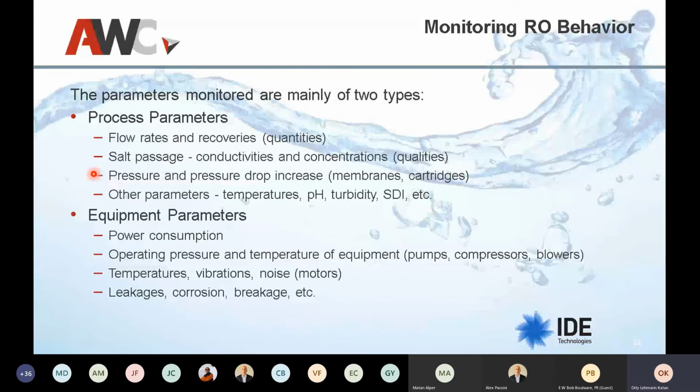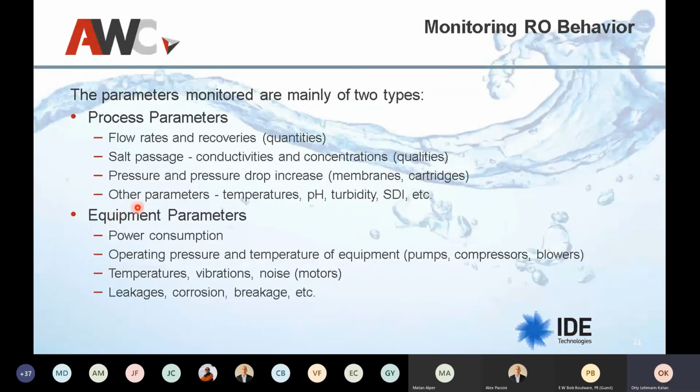We can check salt passage by monitoring conductivity and concentrations, checking the quality of the water. And we can make sure we're working at the right pressure and pressure drop, make sure that we're cleaning the membranes when needed and not working over too high pressure drop over the membranes or the cartridge filters that usually come before them.